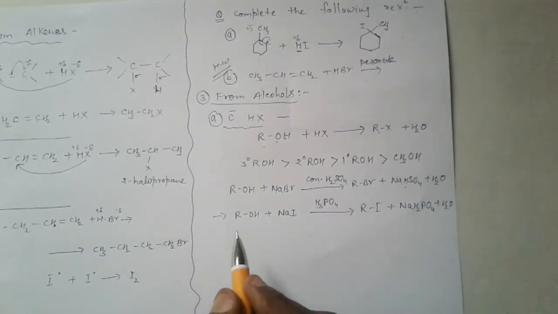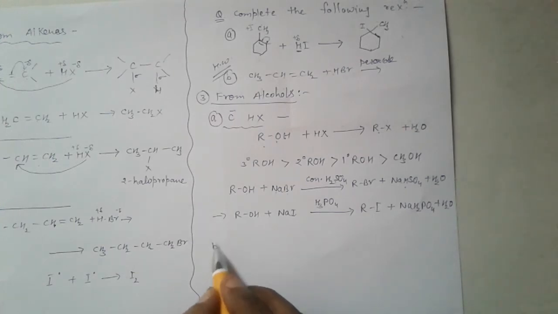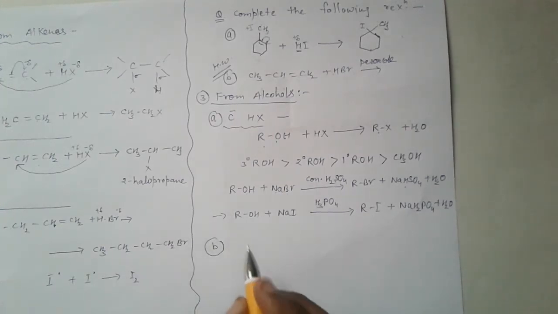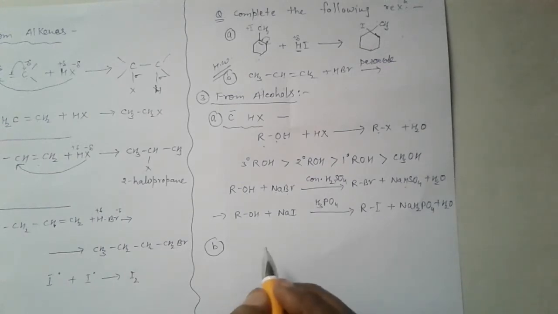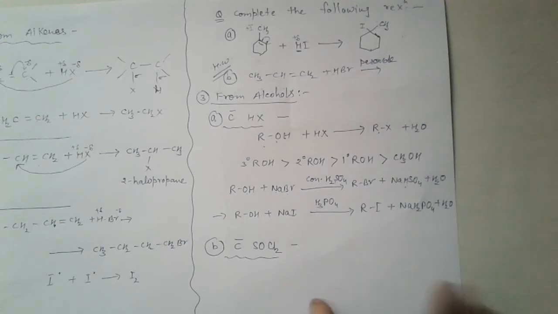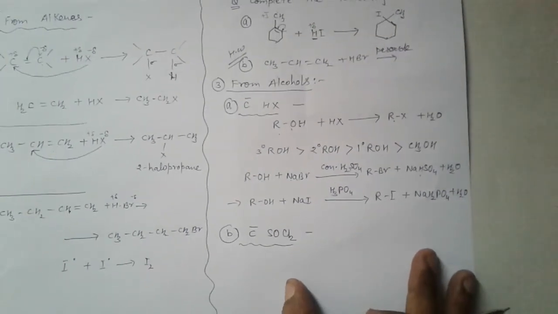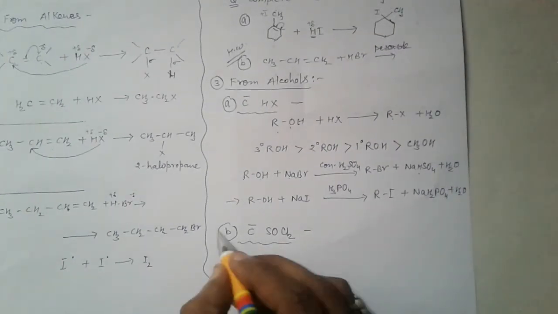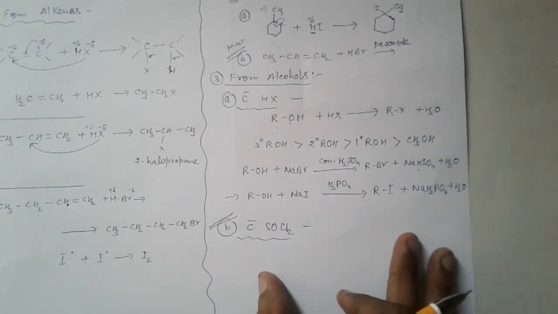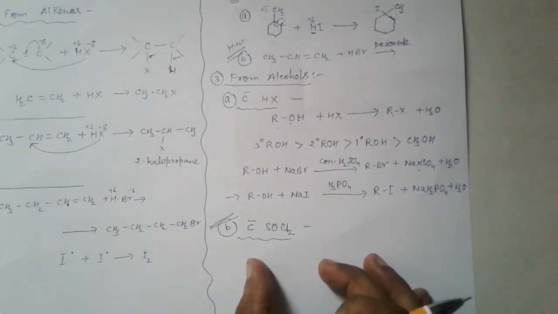Now next, part B. Method is by the action of thionyl chloride to alcohol. The molecular formula of thionyl chloride is SOCl2. Very important chemical reaction for your board examination.